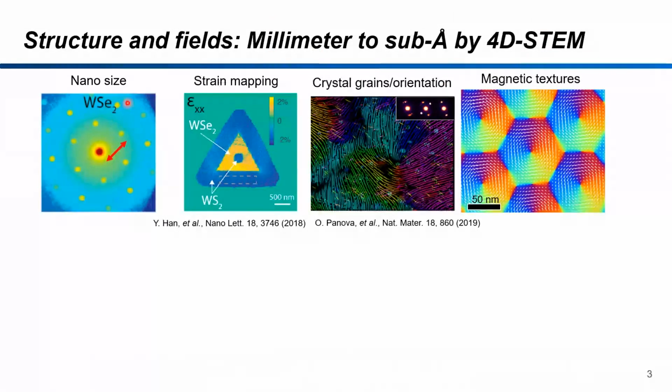When you use a smaller convergence angle or a nano-sized beam, the so-called non-overlap condition, you can determine the strain, crystal grain distribution, and also crystal orientation distribution from this nano beam 4D STEM data set. And you can also measure electromagnetic fields from this 4D STEM.